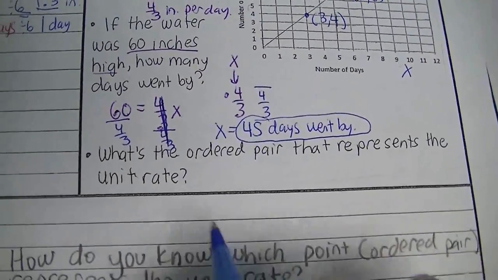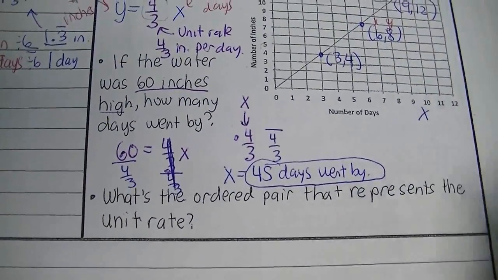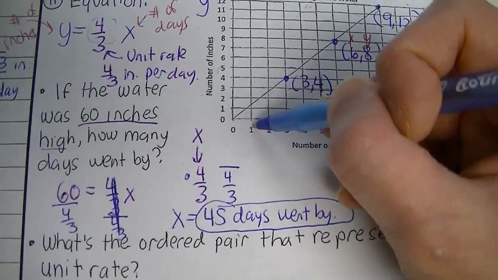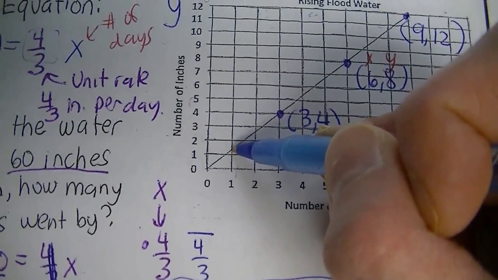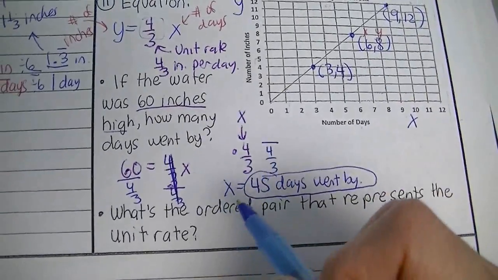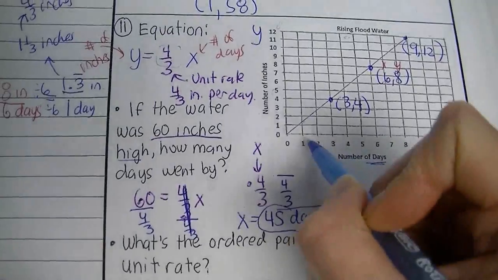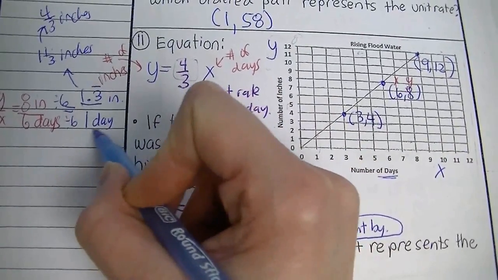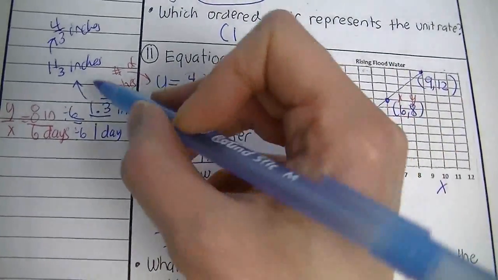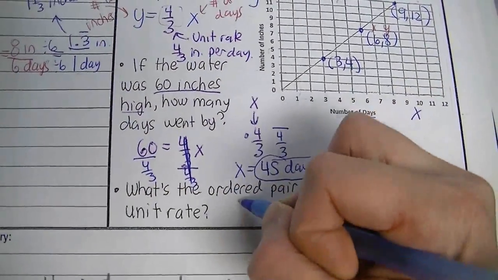Okay, the last part of this question. What's the ordered pair that represents the unit rate? And remember, when x is 1, that's the unit rate. But when I look right here, I see that that's not going to work out. So what you can do is, we could look right over here and see that this is days. There's 1 day right there, 1 day. And then the corresponding y value would equal this, this, or this. So that would be my ordered pair. 1, comma.